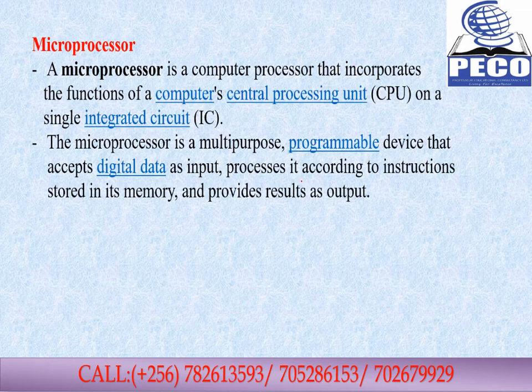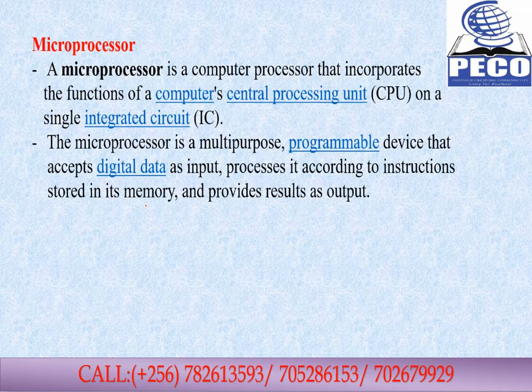Then it processes them according to the instruction given, stored in its memory, and it provides the result. So, in other words, microprocessor, it is the one that is in charge of working upon items of data.